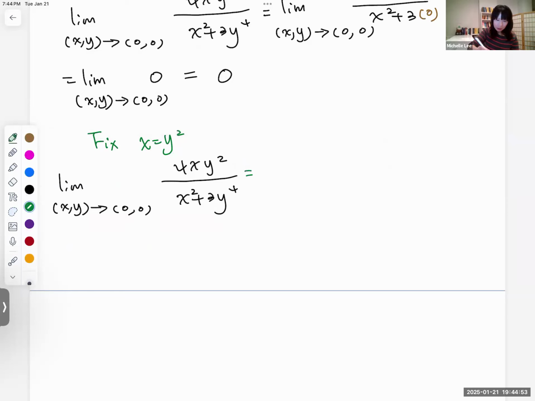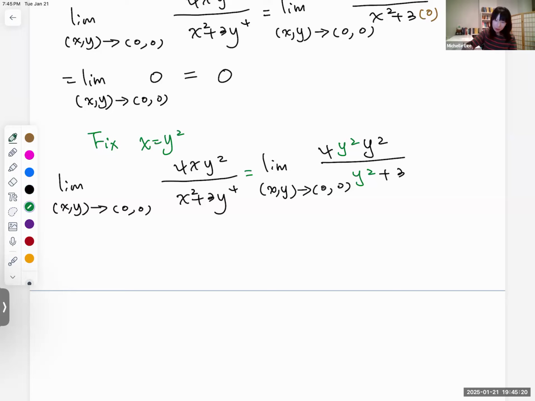That will be the limit as x, y approaches 0, 0 of y squared times y squared over y squared plus 3.